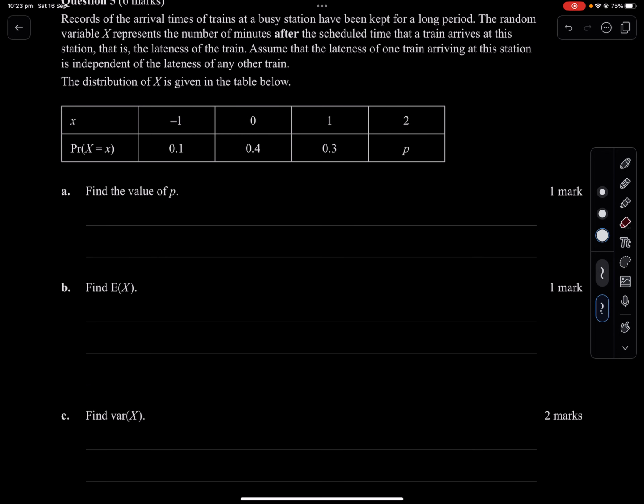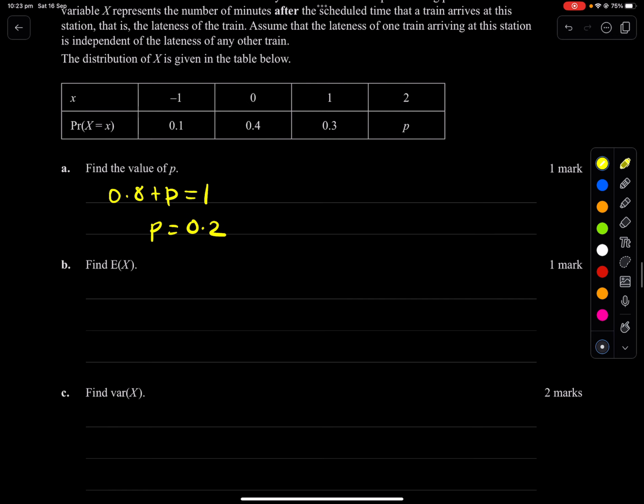Okay, so if you add them all, 0.8 plus p equals 1, so p is 0.2. Expected value: the expected value of x is -1 times, I will change them all to fractions, makes my life easier, plus 4 times 1 on 10. Oh, what am I doing?